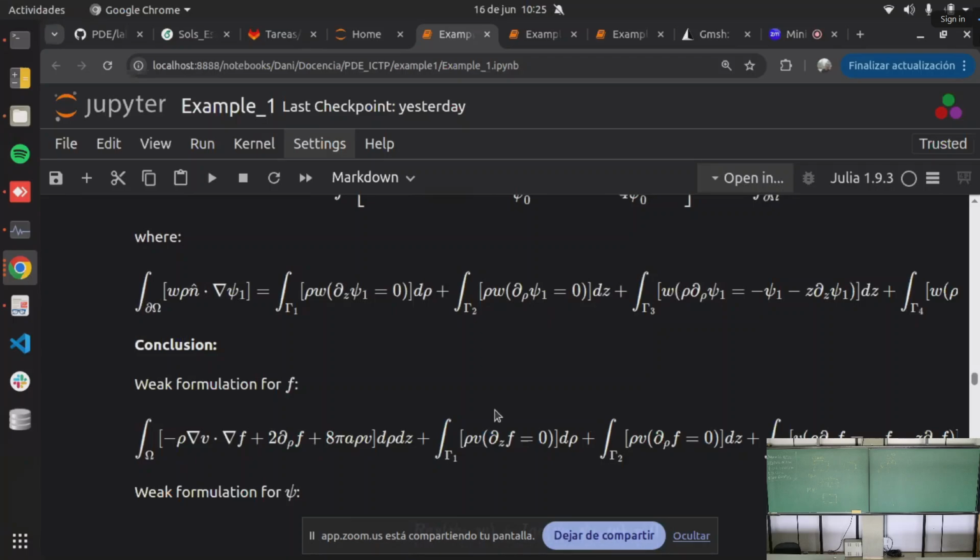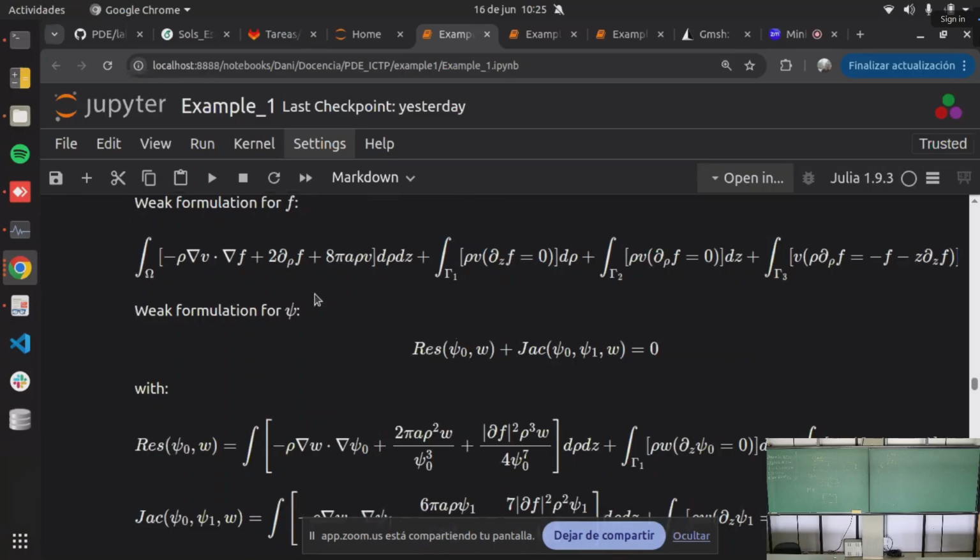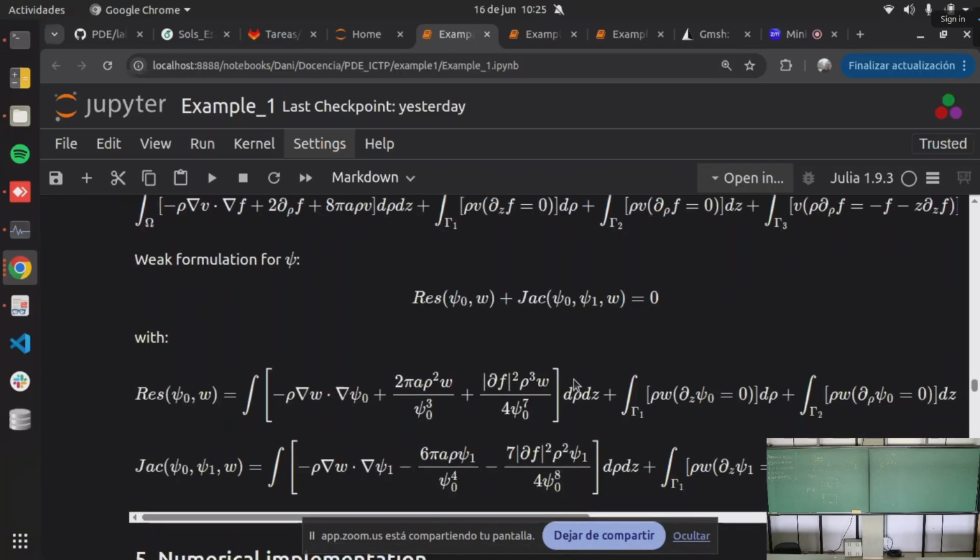So this is the weak equation for F and the weak formulation for C. Note that in the equation for C, we have the information of the F function, so we can decouple the system.